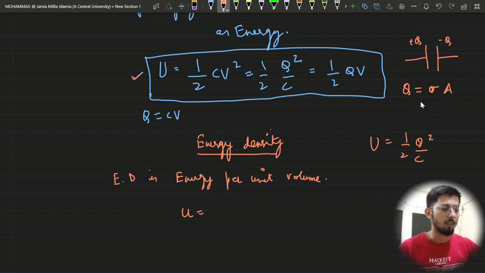Now this density can be replaced by epsilon naught E.